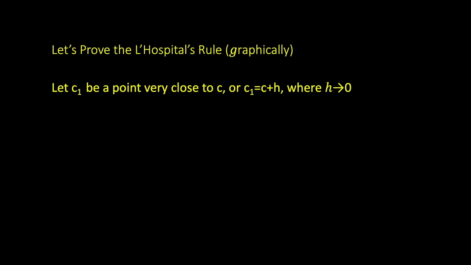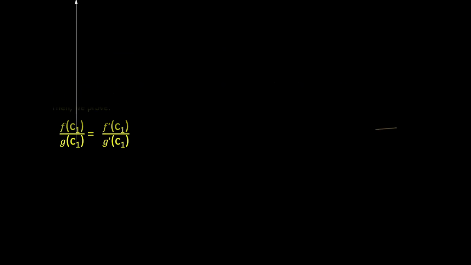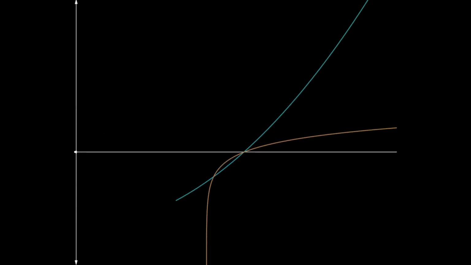Here we present a graphical proof of this statement. Let C1 be a really close point to C. That is, C1 equals C plus h when h goes to 0. Then we can prove that f of C1 by g of C1 is equal to f dash C1 by g dash C1, which is essentially the same thing as the initial statement. Check this graph.